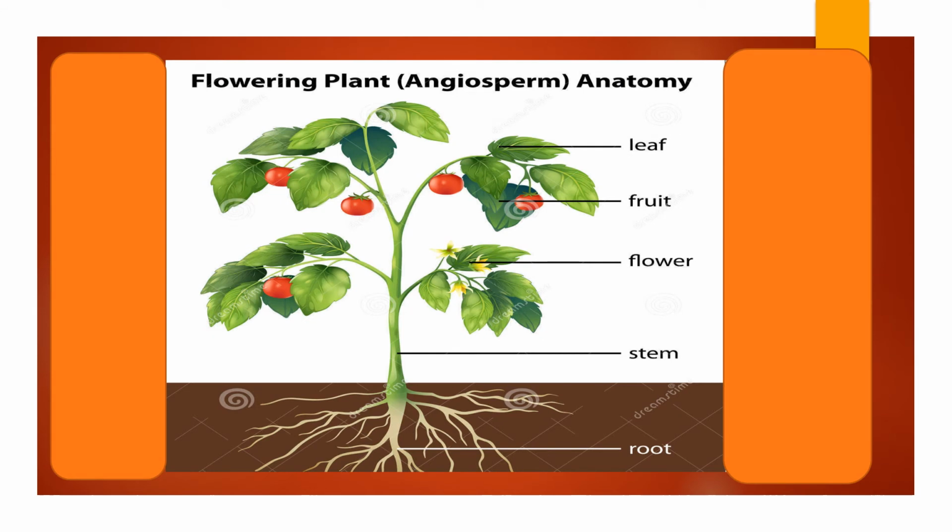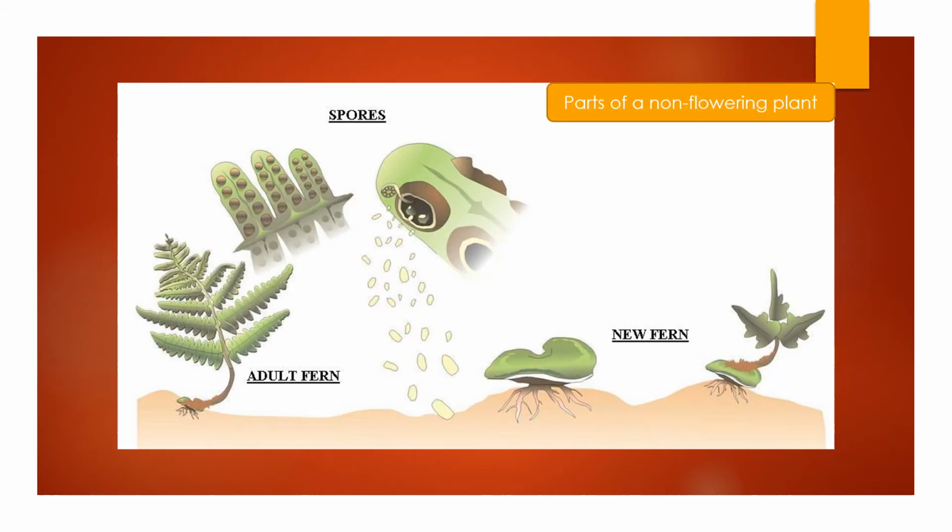This is the parts or the anatomy of a flowering plant. For example, a tomato plant has roots, stems, flower, fruit, leaf. But the fern, an example of a non-flowering plant, has these parts.